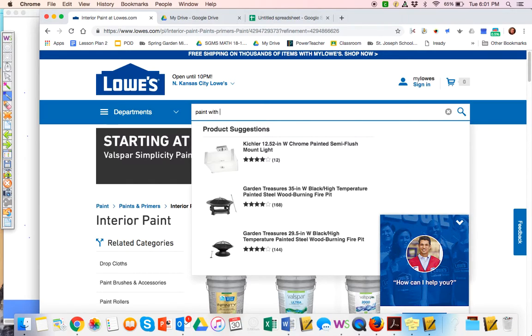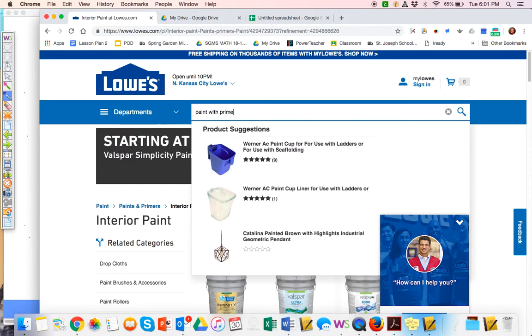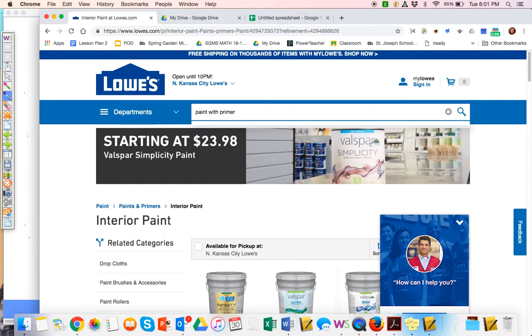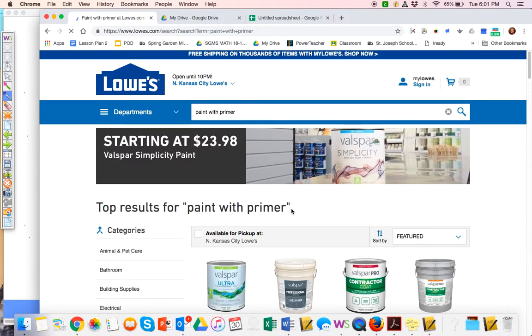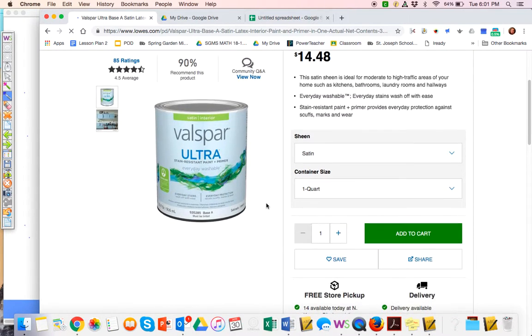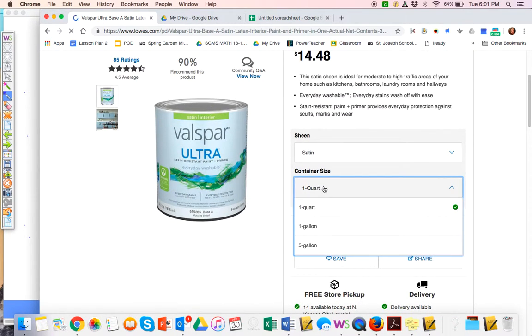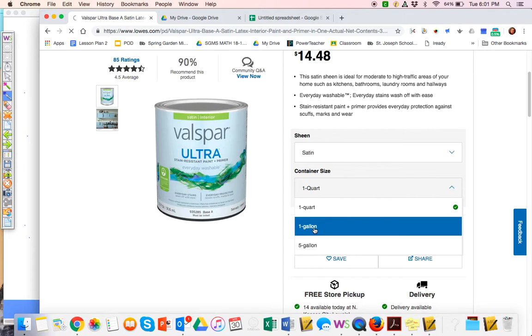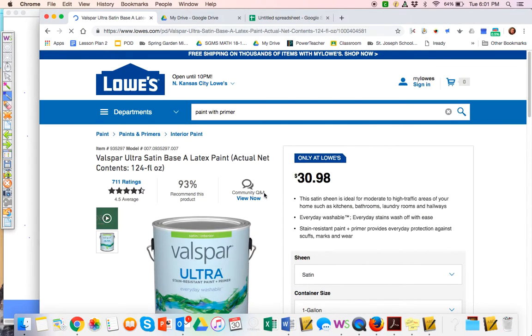Or search paint with primer. Okay. So let's go with this first one that pops up. So we have a satin finish. We're going to change it to 1 gallon. Okay.